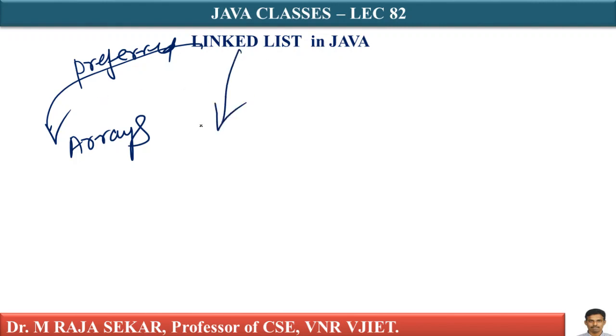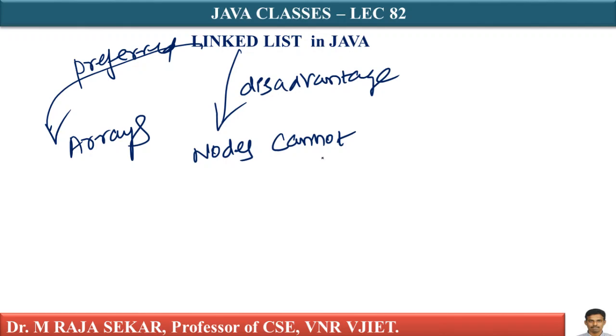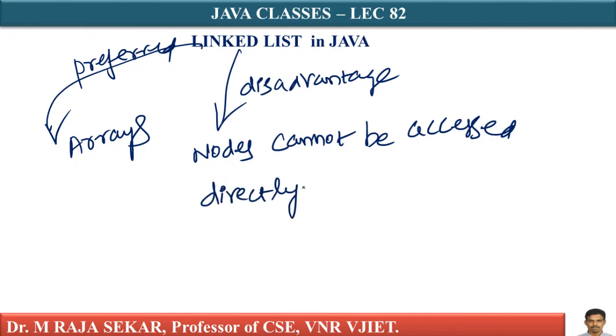What is the disadvantage of linked list? The nodes cannot be accessed directly.